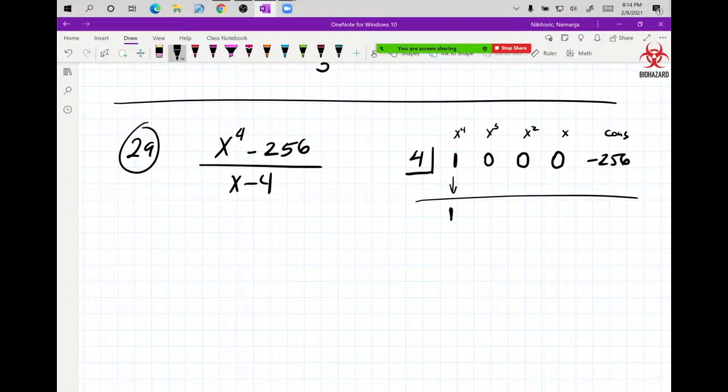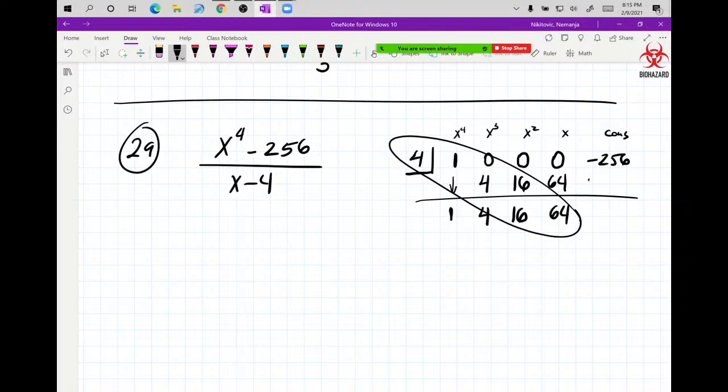Drop down the first one, multiply, put that in, add, boom, multiply, add, multiply, add, because 0 plus 64 is 64.